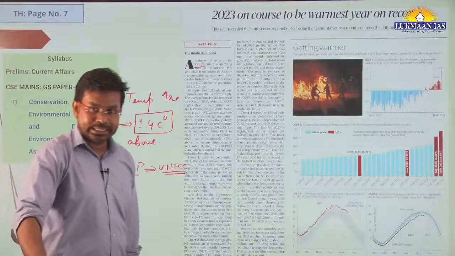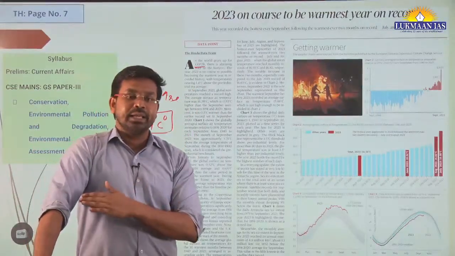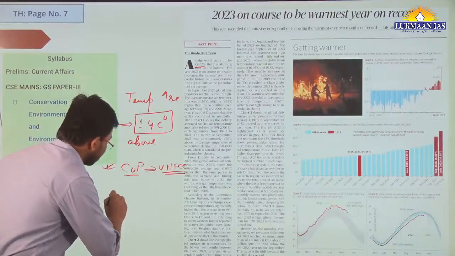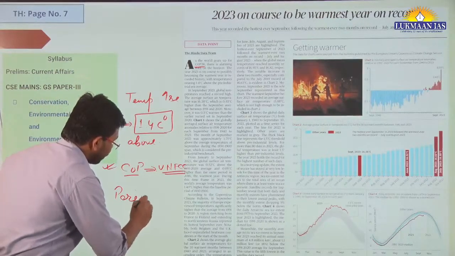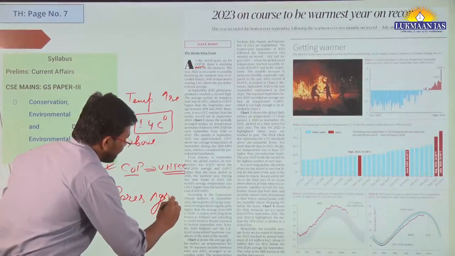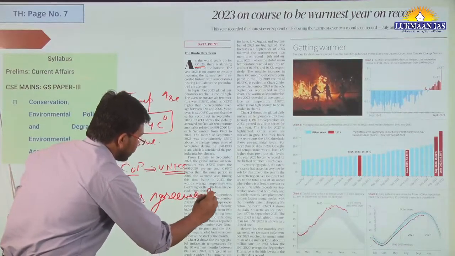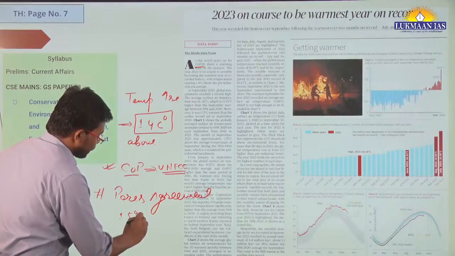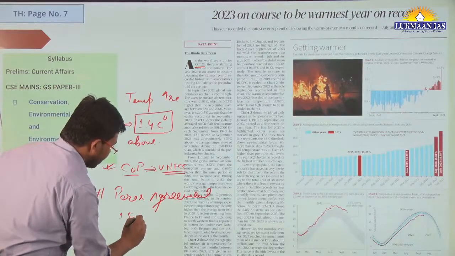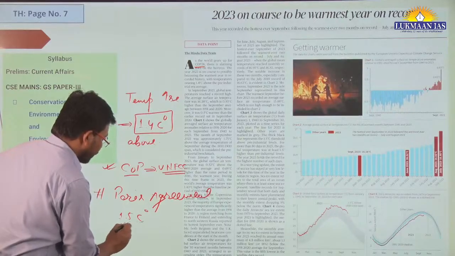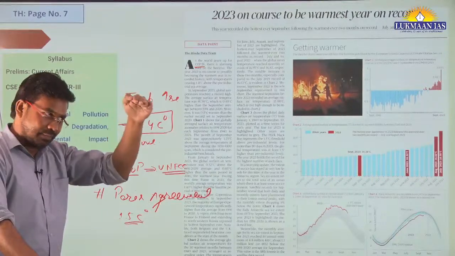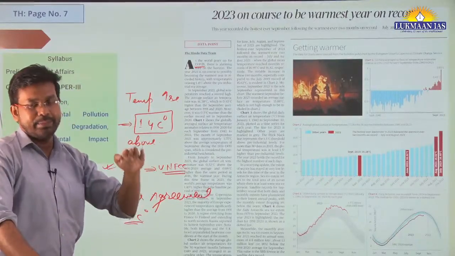However, in 2015 the parties to the UNFCCC agreed to the Paris Agreement, and one of the contentions of the Paris Agreement is that we will try to reduce the global temperature rise to 1.5 degrees above the pre-industrial level, which means we will keep it at this limit.